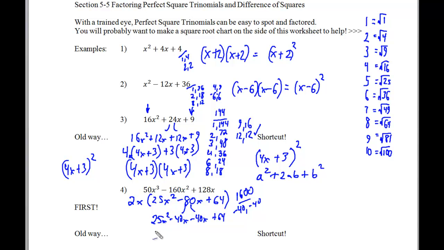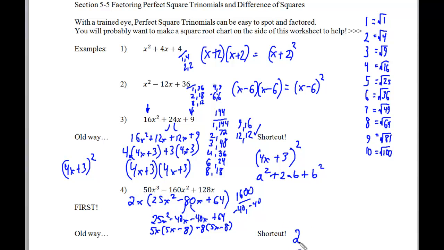The number I can divide out of this here is going to be 5x, which gives me 5x minus 8 here. And then I'm going to factor out of here a negative 8, which is going to give me my 5x minus 8.